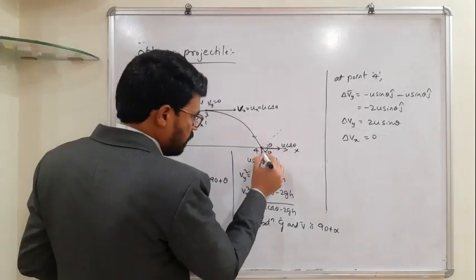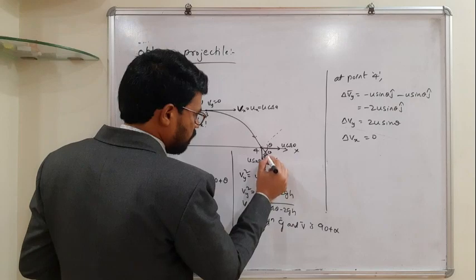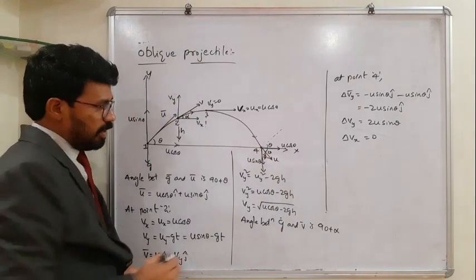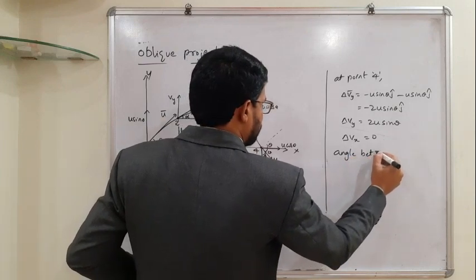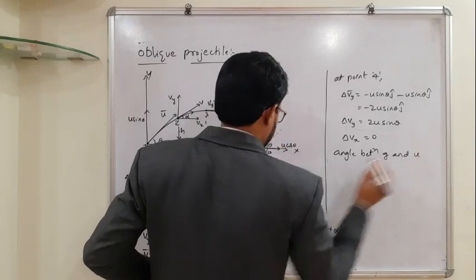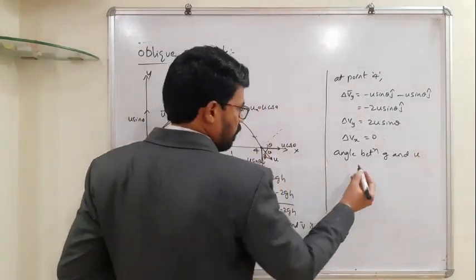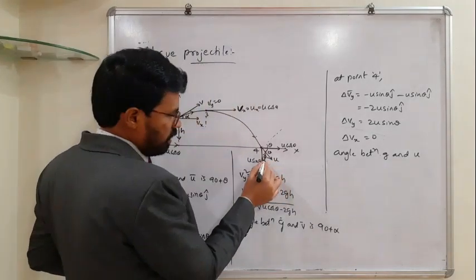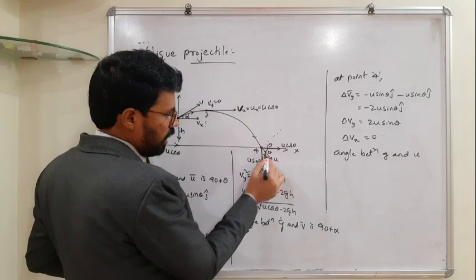What about the angle between acceleration due to gravity and final velocity? I'll take it as some phi, and this phi can be written as the angle between G and U. U in the sense, this velocity at point 4 or position 4. How much is that angle? This phi is nothing but 90 minus theta. This is theta, so this phi can be written as 90 minus theta.